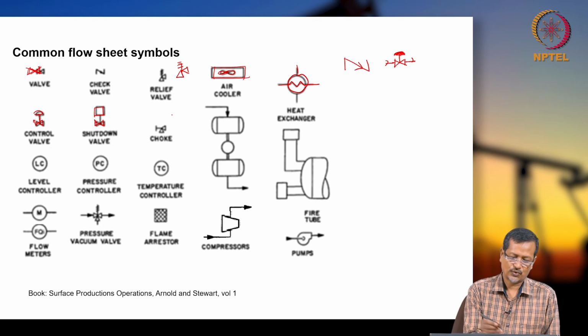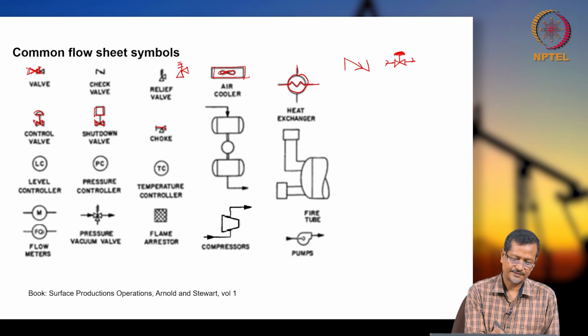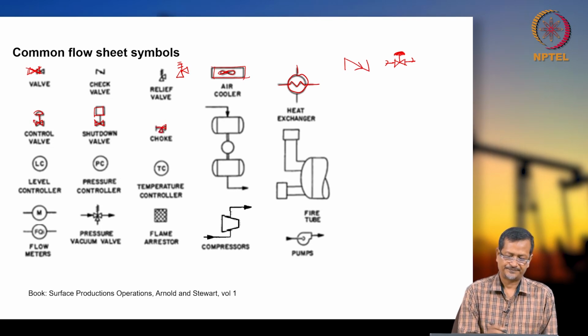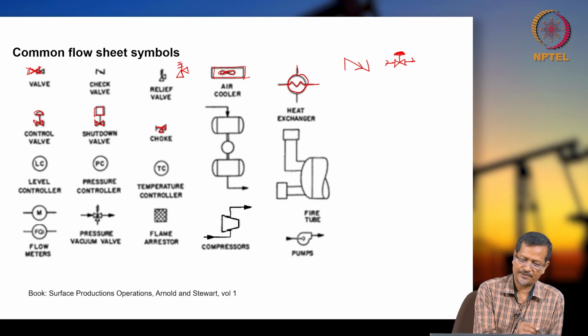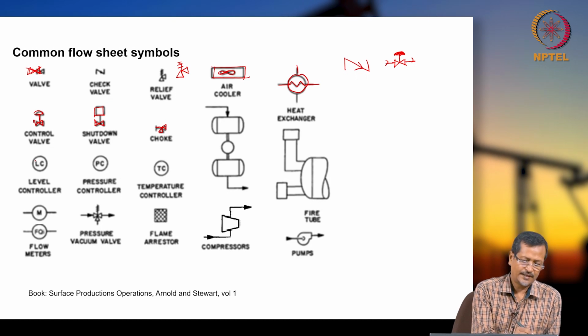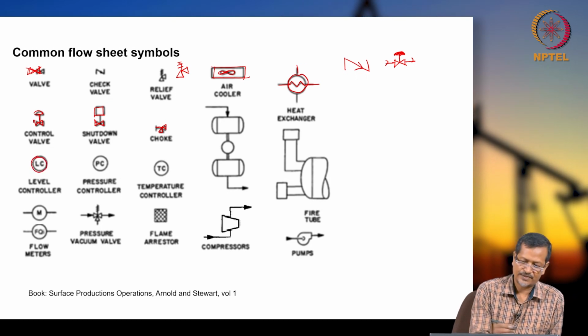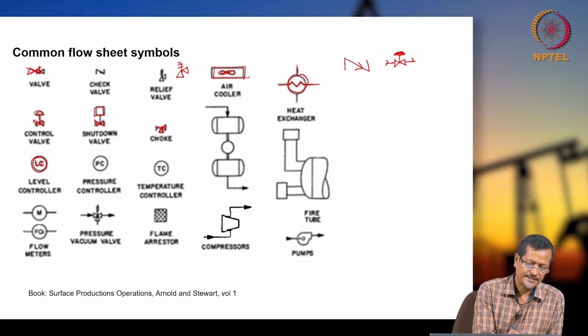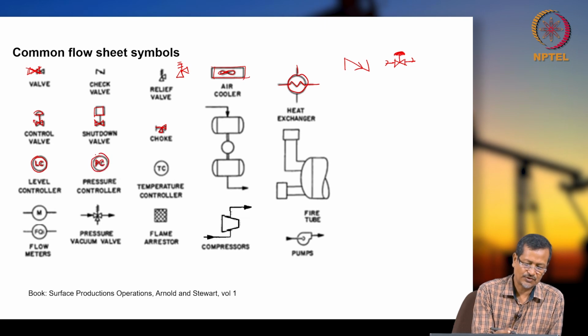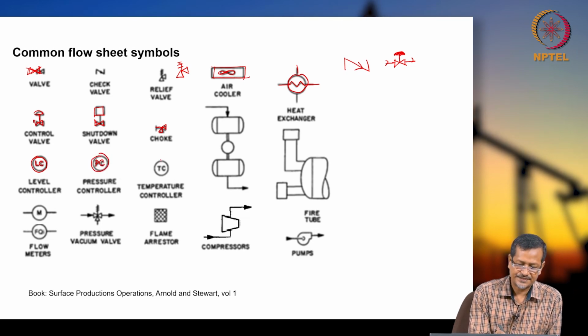A choke will be like this. A choke is a very common system for surface production operations, which I think you already know. This is a level controller: one circle with LC. Similarly PC is a pressure controller and TC is a temperature controller.